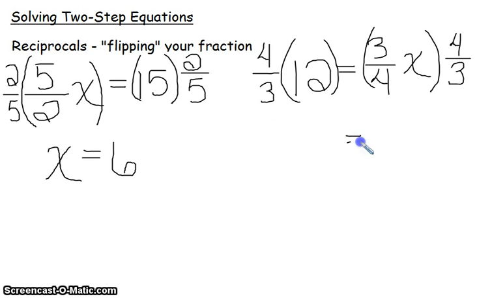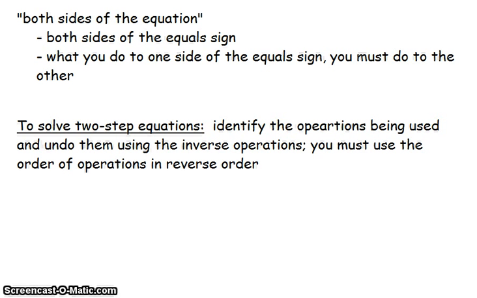So that does leave us with x here on the right hand side. 3/4 times 4/3 is 1. And then on the left hand side, 4/3 times 12, you should have gotten 16. So using the reciprocal method may be helpful to you later on with more difficult equations. So now let's move on to the two-step equations.